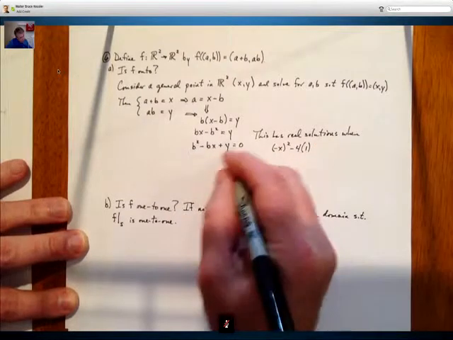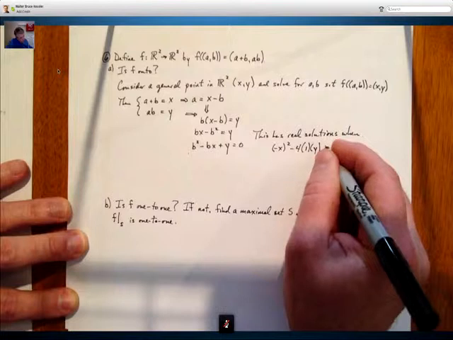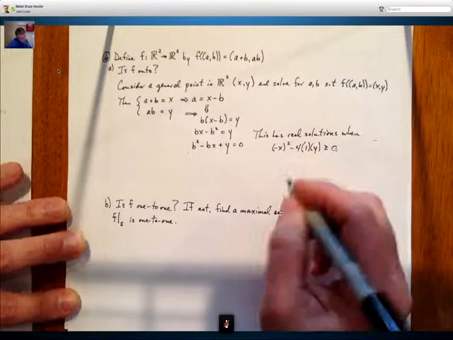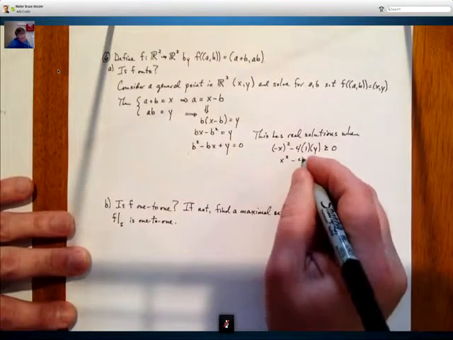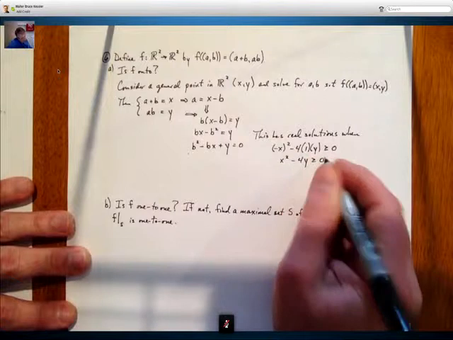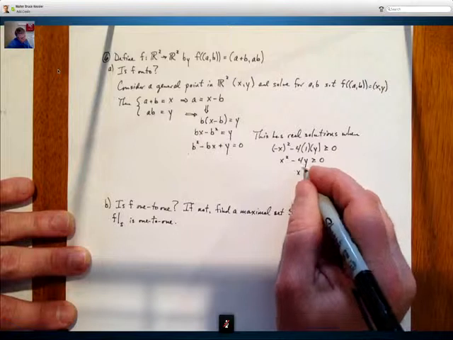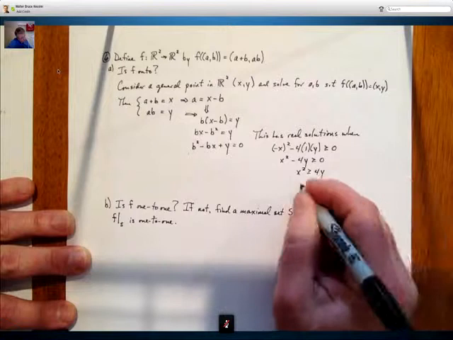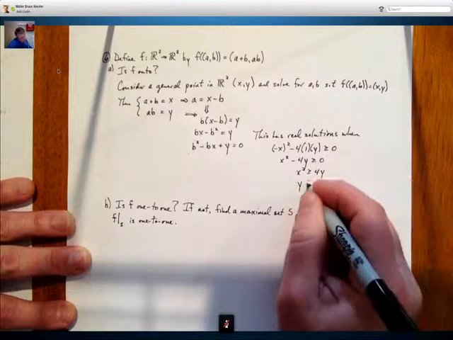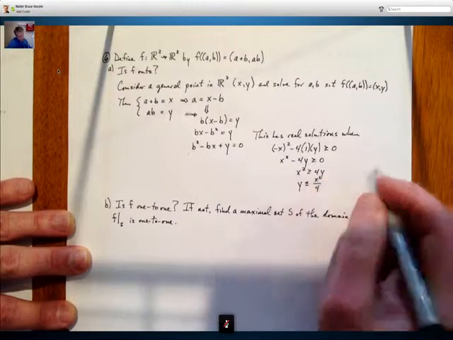A is still 1, and my c here is the y. Is greater than or equal to 0. So this is x squared minus 4y greater than or equal to 0. And x squared greater than or equal to 4y. And the way we typically see this is y is less than or equal to x squared over 4.